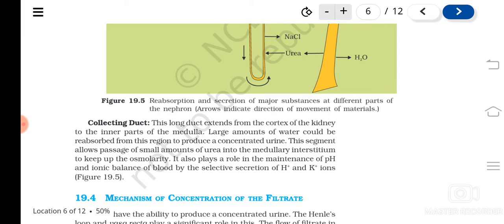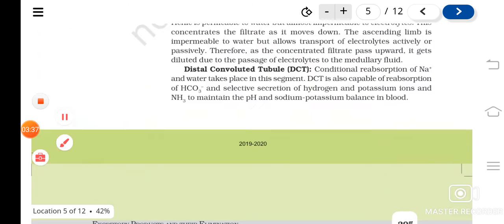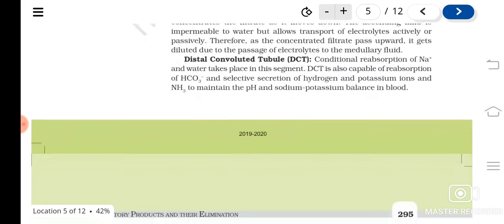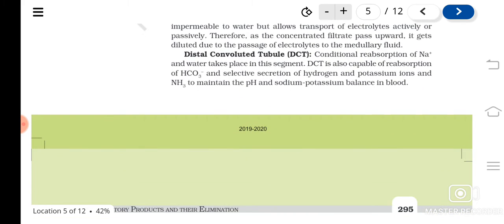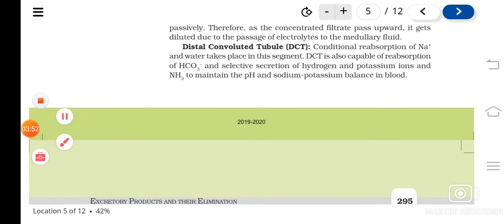Now what is the function of the collecting duct? The collecting duct helps to get the secretions, the urine, from different nephrons, isn't it? One single collecting duct can collect the urine from different parts of different nephrons.